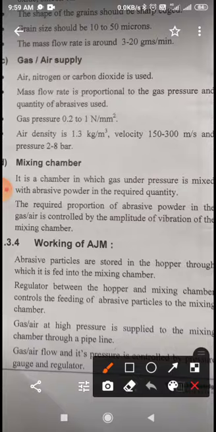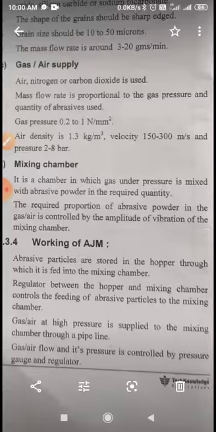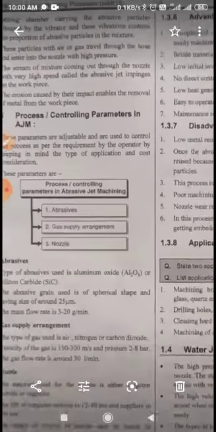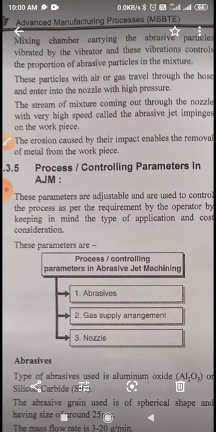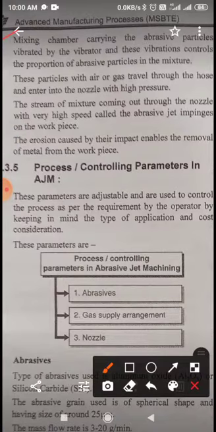Gas or air at high pressure is supplied to the mixing chamber through a pipeline. The gas flow and its pressure are controlled by the pressure gauge and regulator. The mixing chamber carrying the abrasive particles is vibrated by the vibrator, and this vibration controls the proportion of particles in the mixture.